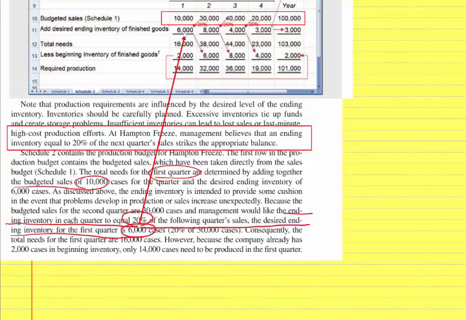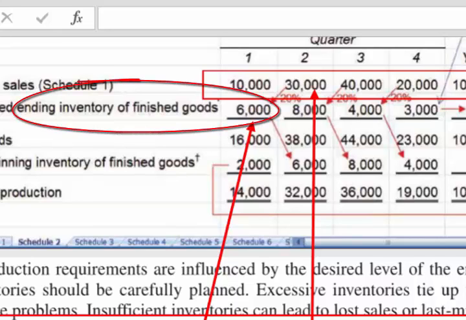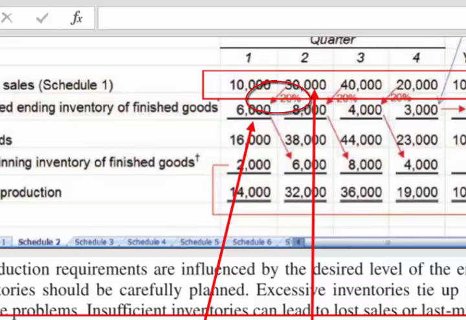And those 6,000 cases are computed by saying 20% of the next quarter's sales, right there. 20% of 30,000 cases, and those 30,000 cases are the second quarter sales. So ending inventory is 20% of the next quarter's sales. Let me zoom in on that, and there you can see that the 6,000 ending inventory for the first quarter is 20% of the second quarter's 30,000 in sales.